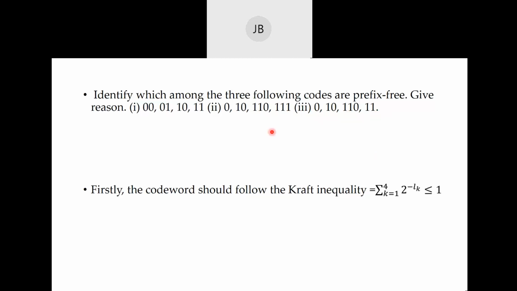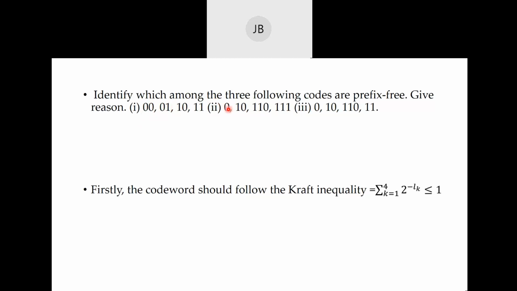This is one way, and the other way is just comparing. For example, going back to the first, see 00. Is it present entirely in any of the other code words? No. 01? No. 10? Is 10 present somewhere here? No. 11? No. They are all unique, so all these 4 code words are prefix free.